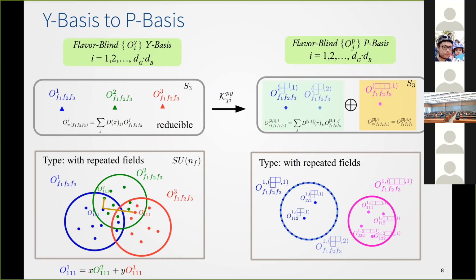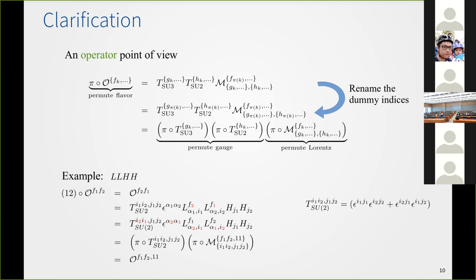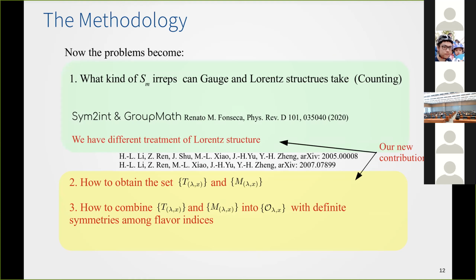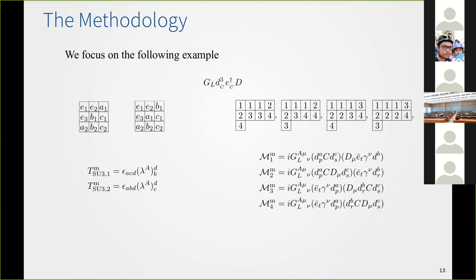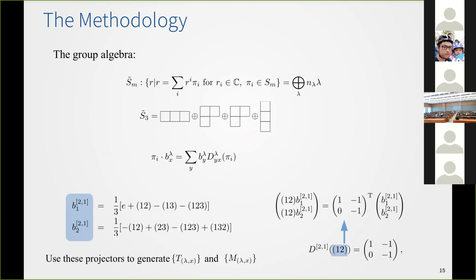Can I add a comment? If I understand Tom's question correctly, for the Lorentz part we are not doing anything numerically. As Haolin showed, in the gauge part, after we permute the gauge tensor, we use something like the inner product to find numerically the coordinates under the Y basis after the permutation.